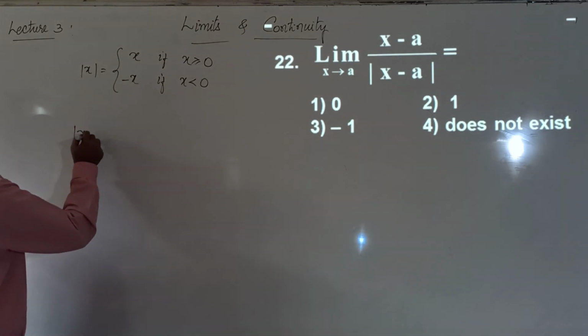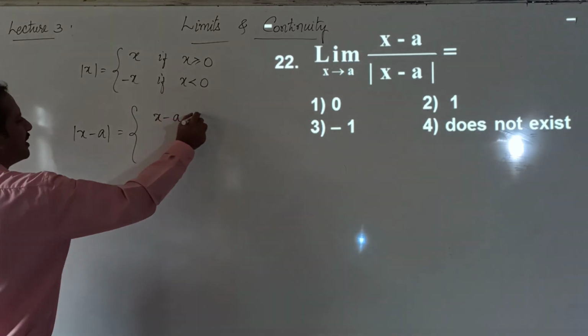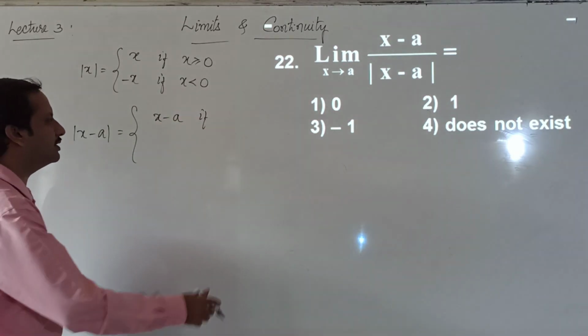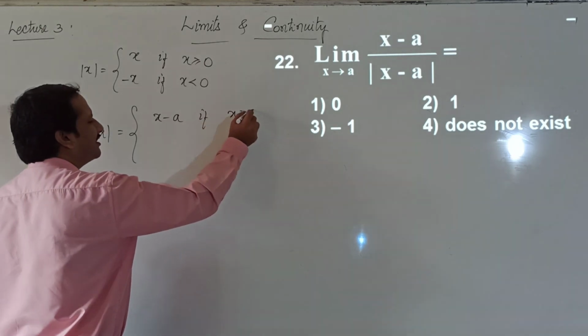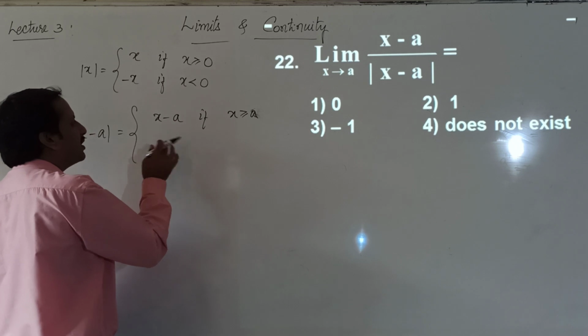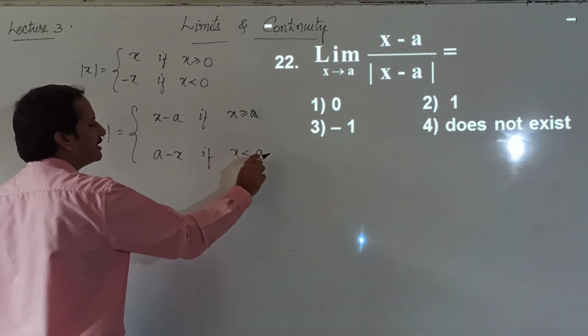On the same lines, modulus of x minus a is defined as x minus a if x minus a is greater than or equal to 0. X minus a is greater than or equal to 0 means x is greater than or equal to a. And minus of x minus a, that is a minus x, if x is less than a.